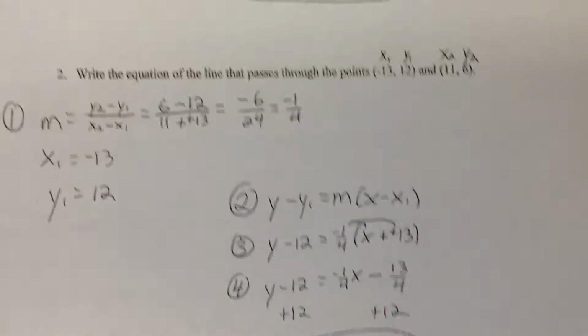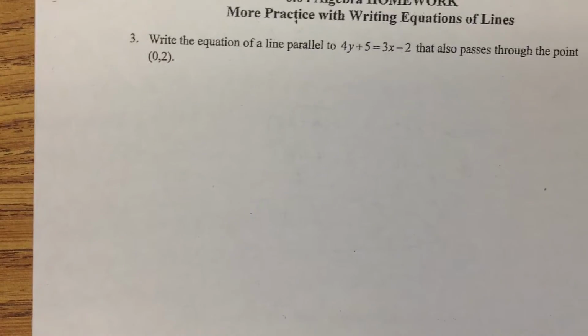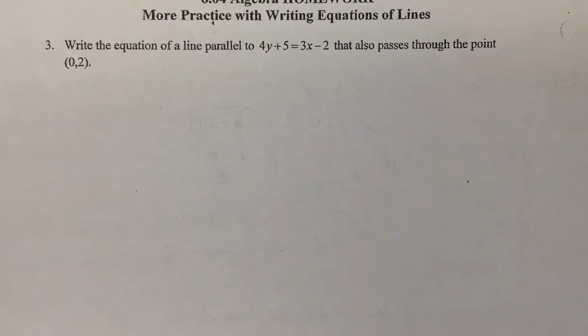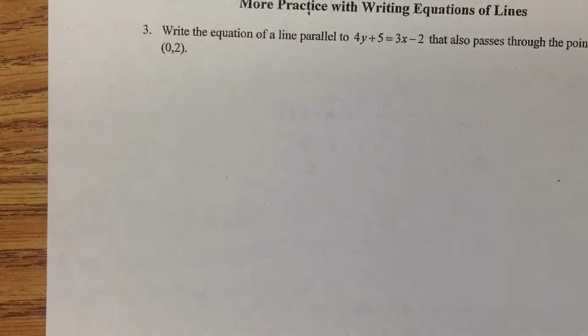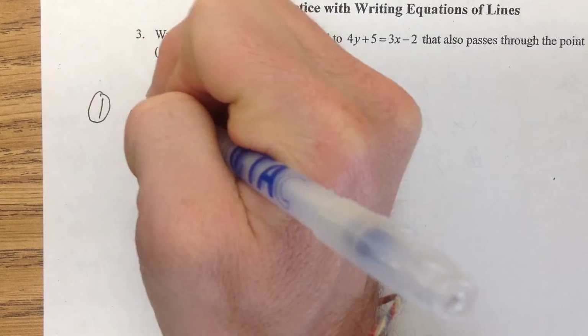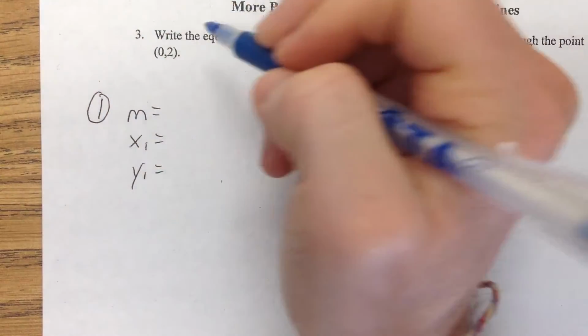So let's flip over to the back and see what that has for us. Write the equation of a line parallel to 4y plus 5 equals 3x minus 2 that also passes through the point 0, 2. Okay, so again, we're going to need our m, we're going to need our x1, we're going to need our y1.